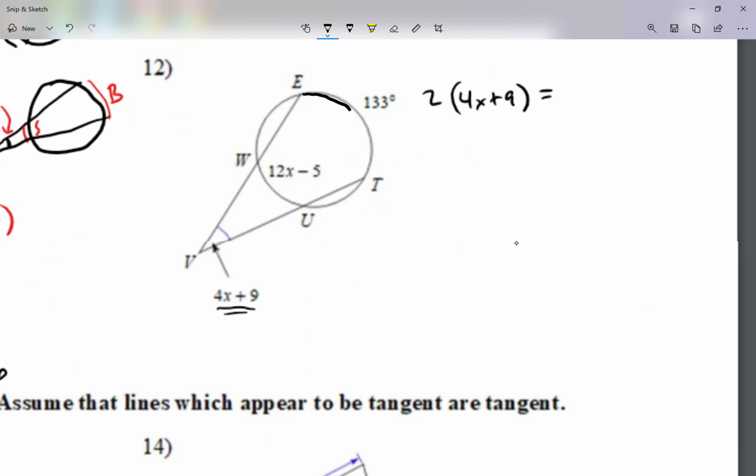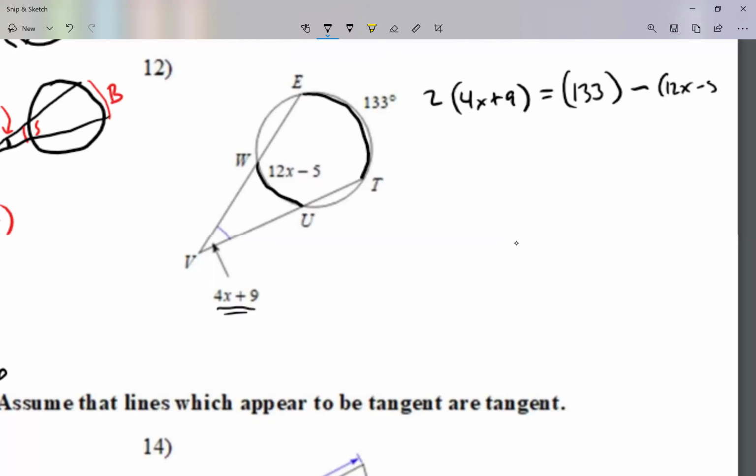One arc is 133, that's the big arc, and the small arc is 12x minus 5. So I'm gonna go the big arc, 133, minus the small arc, 12x minus 5. Notice each of my arcs, I put them inside parentheses.